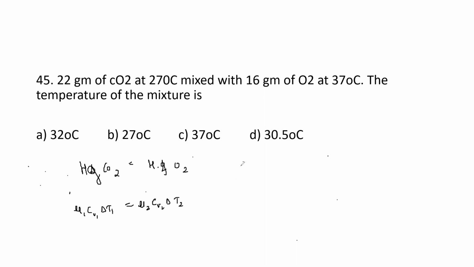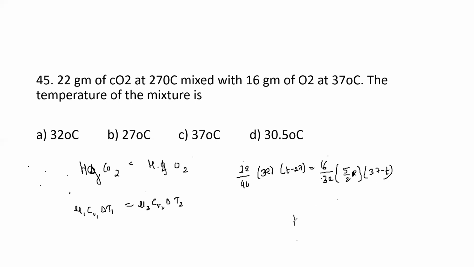It implies 22 divided by 44 into bracket 3R into bracket T minus 27 is equal to 16 divided by 32 into bracket 5 by 2 into R into bracket 37 minus T.